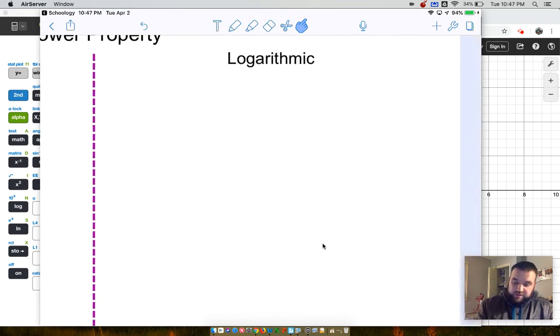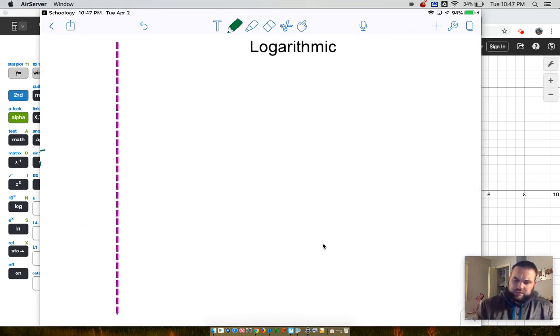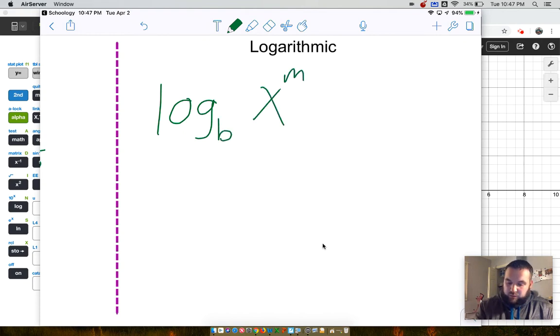With logarithms, it's not quite an exact analog of it, but what can happen with powers is, let's say it was the log base b of x to the m power.